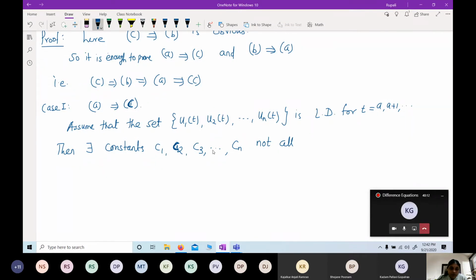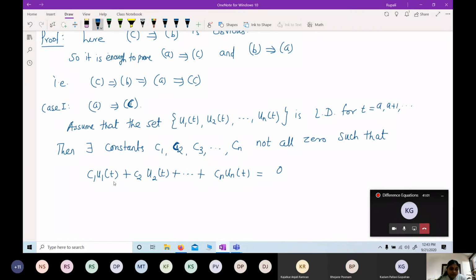So we will have c1, c2, ..., cn, not all zero, such that they satisfy the equation c1 u1(t) plus c2 u2(t) plus and so on, cn un(t) is equal to 0, where the constants are not all 0, right?